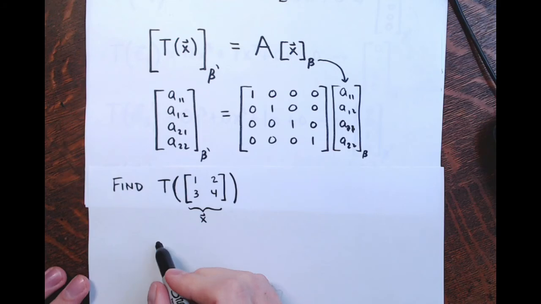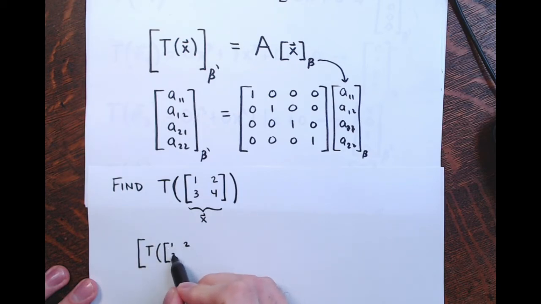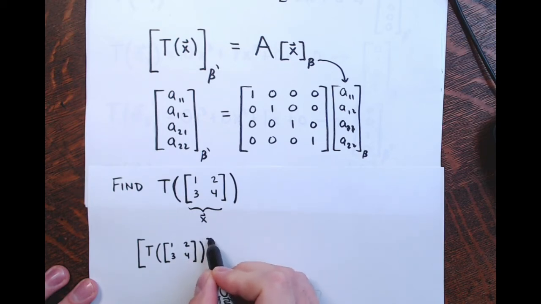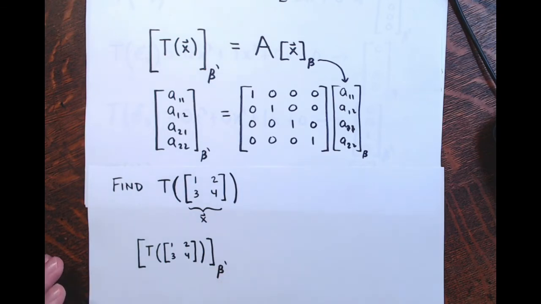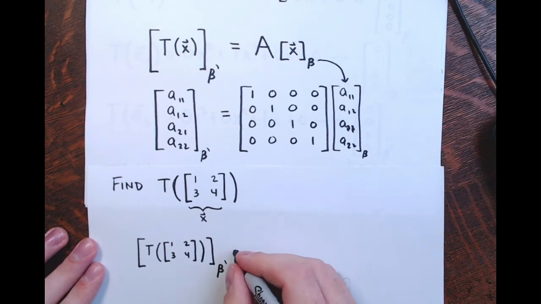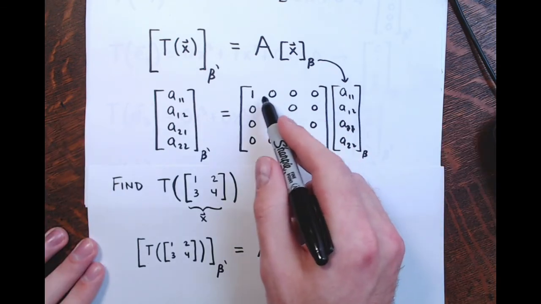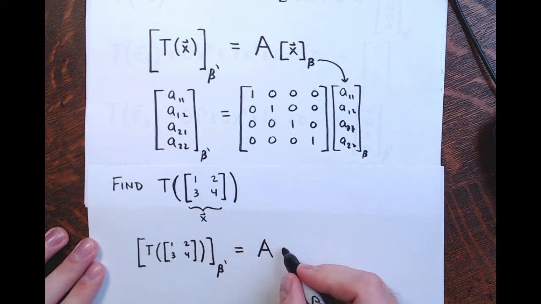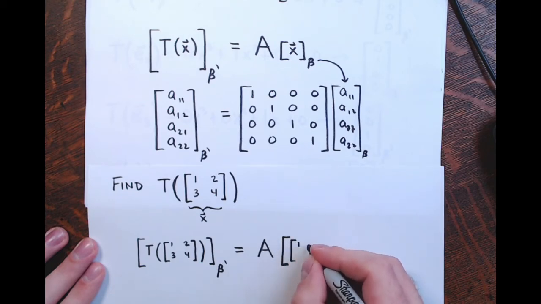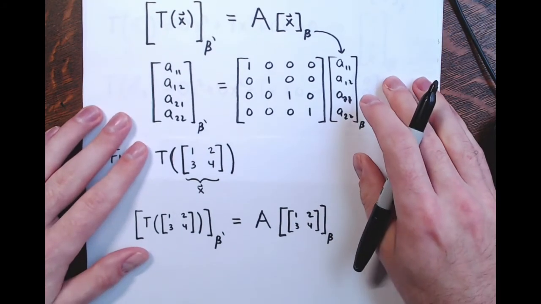If I run it through this rule here, we're going to have the coordinates of this relative to b prime, that x cubed, x squared, x, and 1 set, the standard basis for P3, will be equal to A, which is just the 4 by 4 identity matrix, times the coordinate vector of my input relative to B.